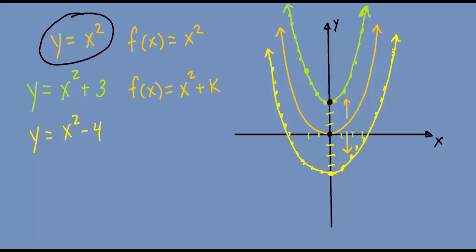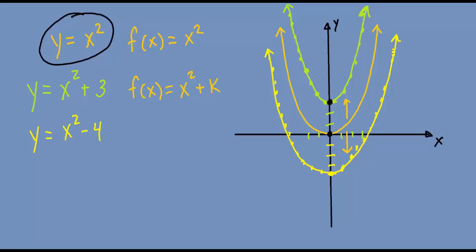The rule is that the parent graph, this most basic parabola up here, will slide up k units if k is positive, or down k units if k is negative. So up k or down k. So there's your first little rule for how doing things to the simplest parent graph, in this case adding a number, affects the way the parabola will graph.